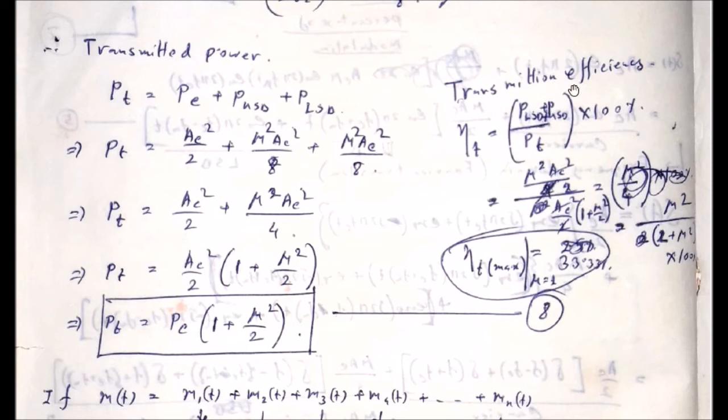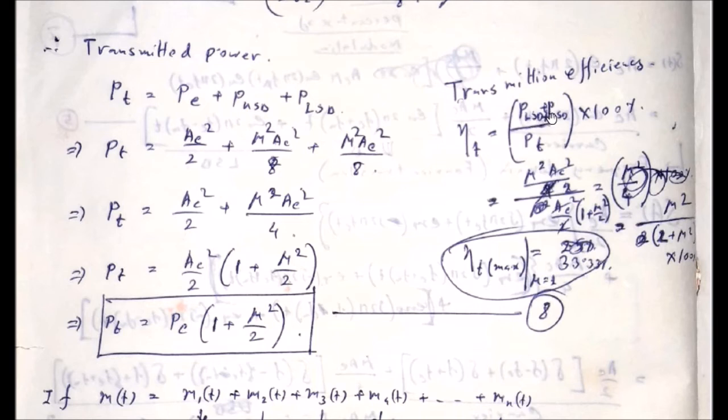That means it should be the power of the terms actually carrying the information, both upper sideband and lower sideband. Okay, but P_C, this unmodulated carrier, is not carrying the information. It is just a redundant term in terms of power. So these two terms are actually carrying the information.